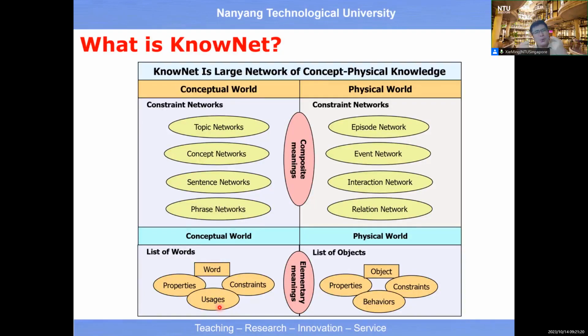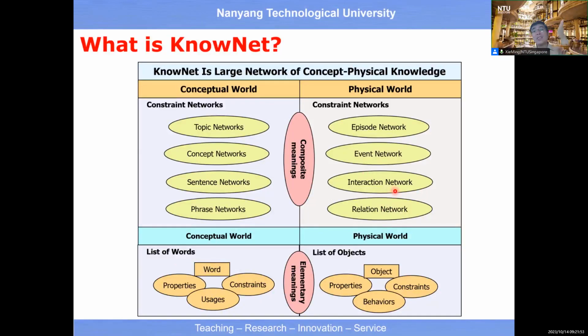So how to use the word inside a language, etc. These are elementary meaning or knowledge about the entity in the conceptual world and the entity in the physical world, right? And in the physical world, they can interact together. They can form a relation network and they can interact among the members inside a relationship, right? Then we have an interaction network.